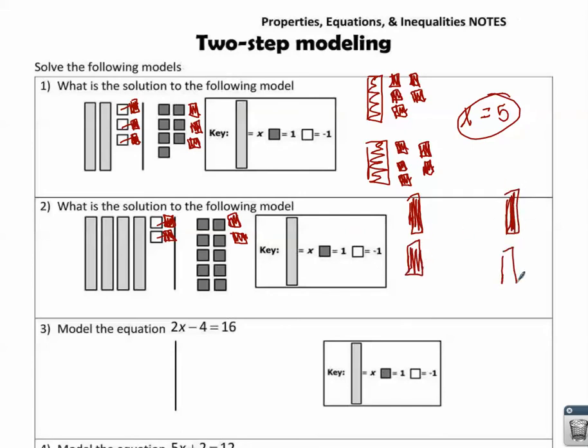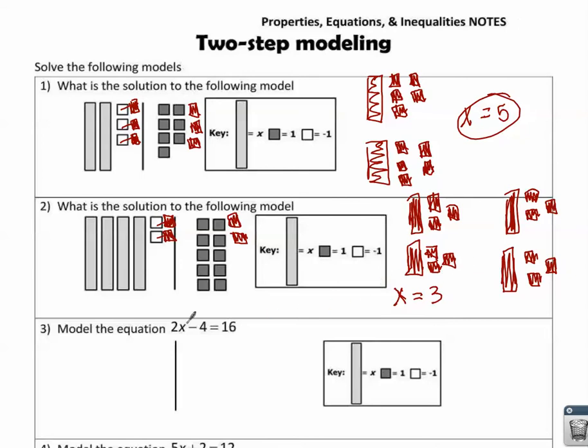So if I was to divide 12 into 4 sections, I would end up with 3 boxes per x. So for our solution, 1x, that's our invisible coefficient, equals positive 3.